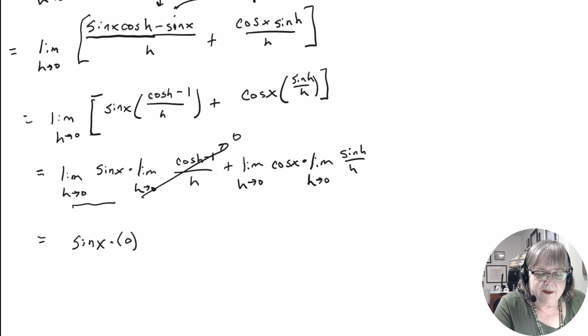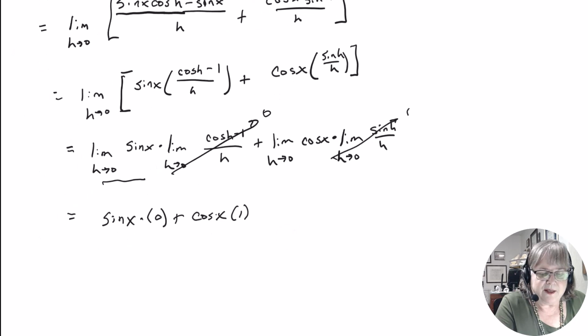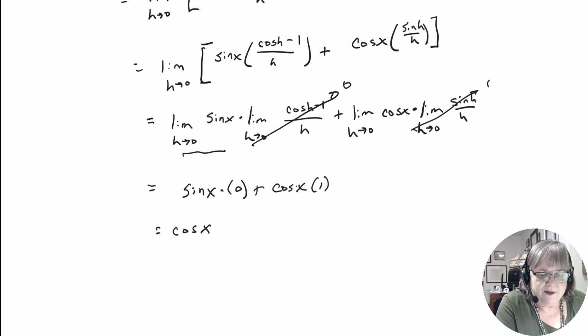And then the limit as h goes to 0 of cosine x is just cosine x, and the limit of sine h over h goes to 1. So 0 times anything is 0, and this turns out to be cosine x. So the derivative of sine is cosine.